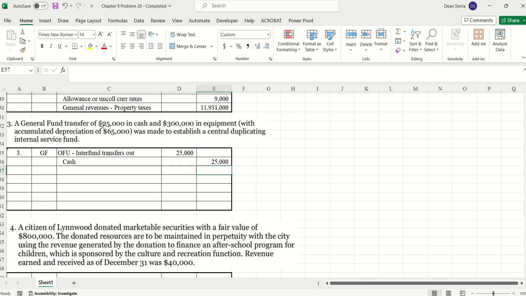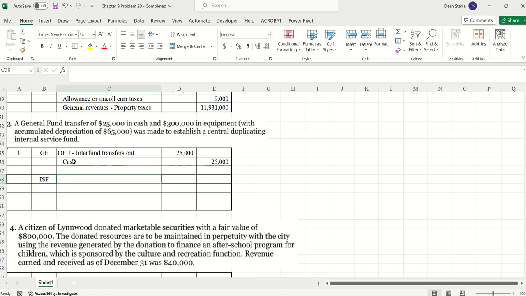And then the equipment and depreciation, blah, blah, blah. So this is going to show up in the internal service fund, right? Because that's where we're transferring that money to start the internal service fund.